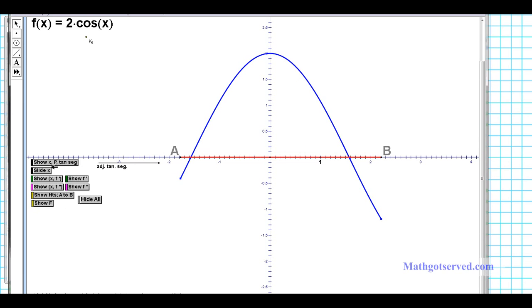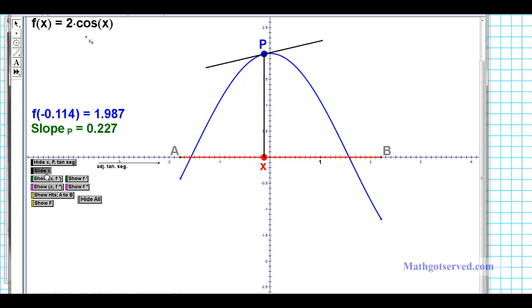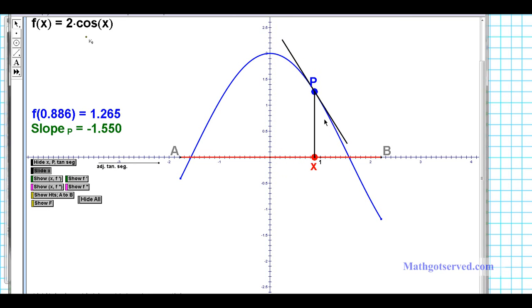All right, so let's look at the tangent line. This is a tangent line at a particular x value, and we notice that it's positive 0.82. Now let's slide it. What you're looking at is how the value of the tangent line changes at different values of x. It's positive, drops to 0, becomes negative, and then it changes.